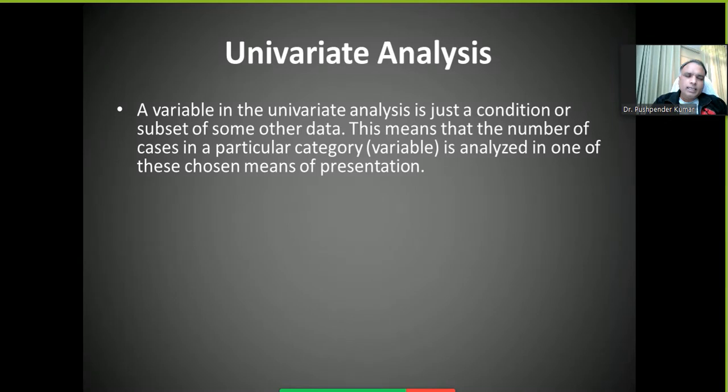In the t-test, I believe we have one option where we check this subset or this condition. This means that the number of cases in a particular category is analyzed in one of these chosen means of presentation, right? So that we can do.